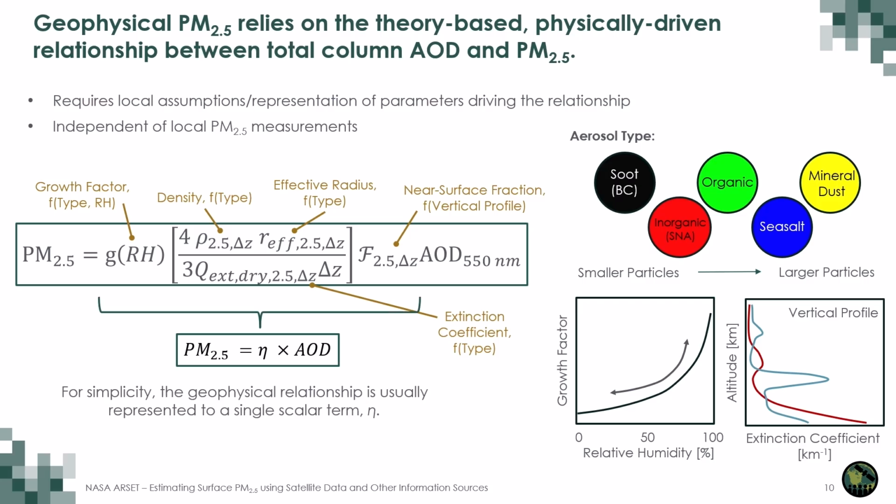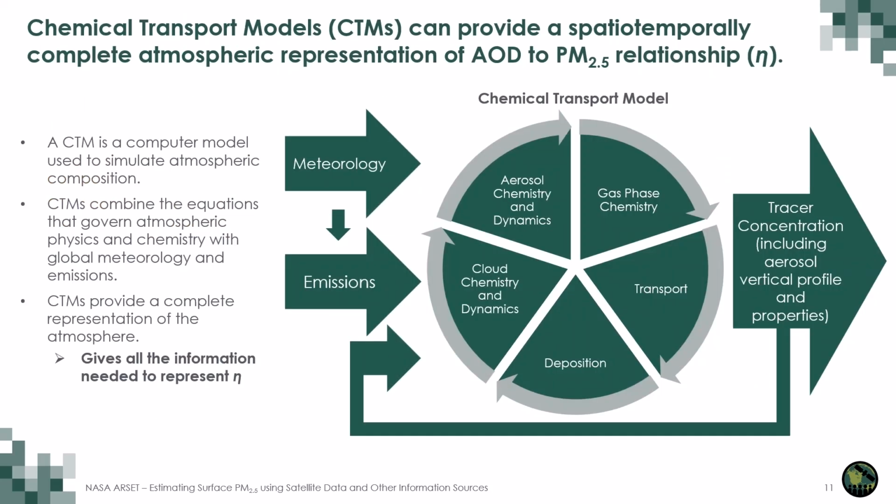For simplicity, this large mass of terms relating AOD to PM2.5 is typically reduced to a single scalar term called eta. The challenge of the geophysical method is how to best represent eta. This is where chemical transport models play an essential role in most applications of the geophysical method. As a reminder, a CTM is a computer model that simulates atmospheric composition using the physical and chemical equations that govern the state of the atmosphere.